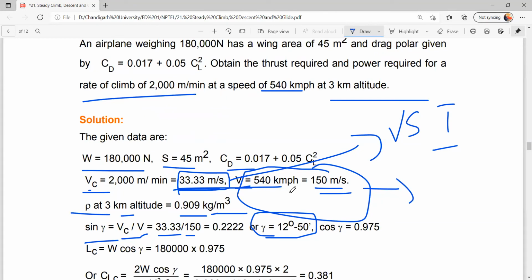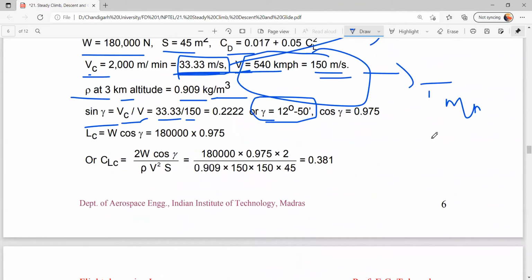As a design engineer, I have to find out the suitable angle of climb so that I can get minimum thrust and minimum power. Again, the term is coming. That's why I said, please listen to the classes carefully from the beginning itself. Thrust required minimum at cruise level is different, and thrust required minimum at climb is different.